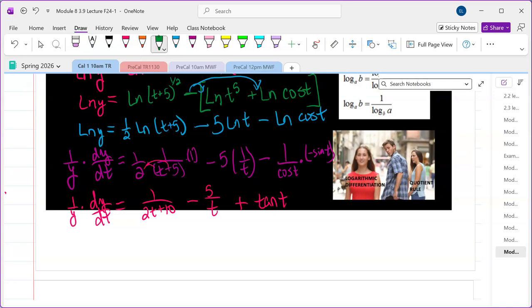Now I need to get dy dt by itself. So right now it's 1 over y times dy dt. So I'm going to multiply by y, which means I'm taking the whole entire right side and multiplying by y.